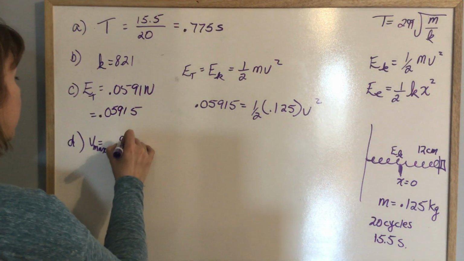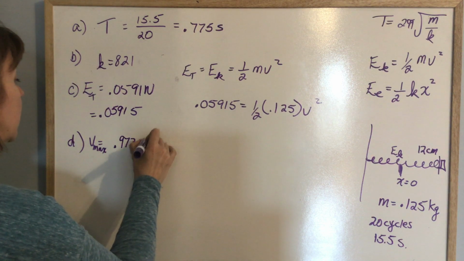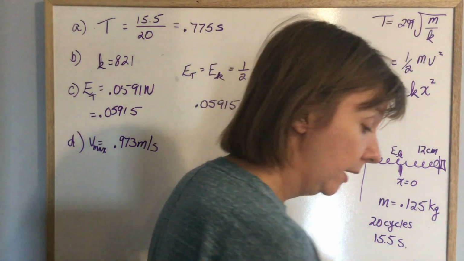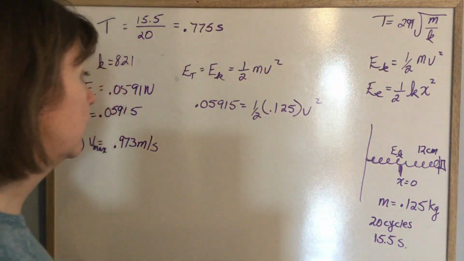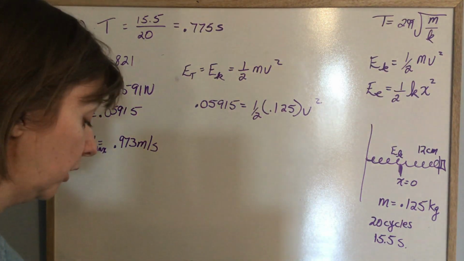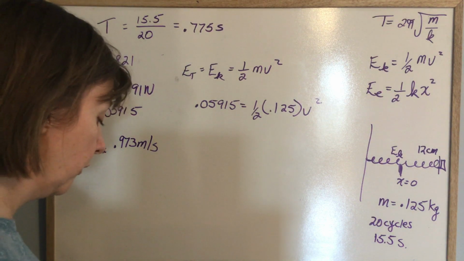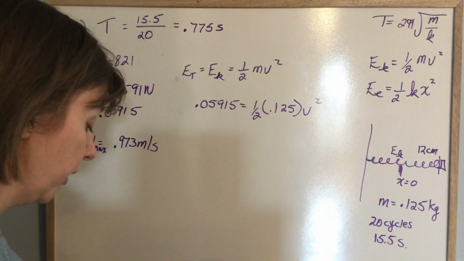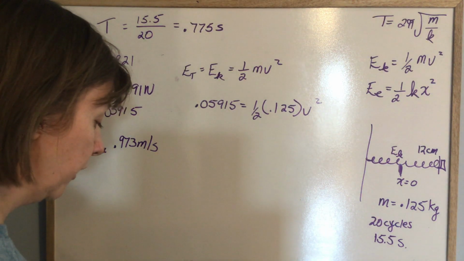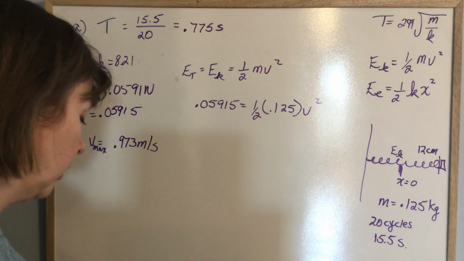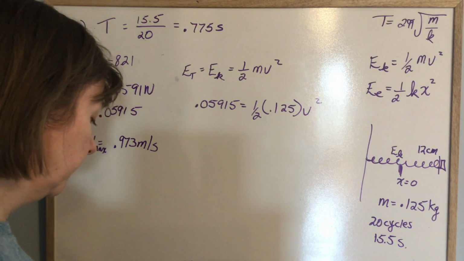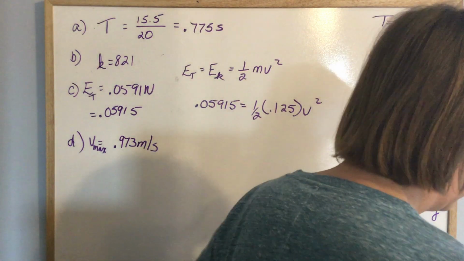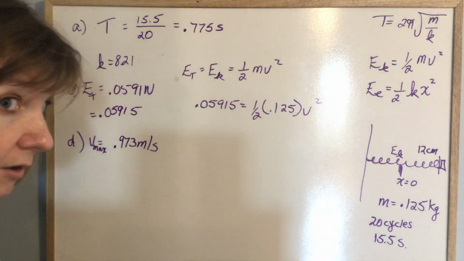So really 0.973 meters per second is what they get, okay? And again, all I would do is 0.05915 divided by 0.5 times 0.125, and then I would take the square root of that, and yes, I get the same answer. They do. That's good.